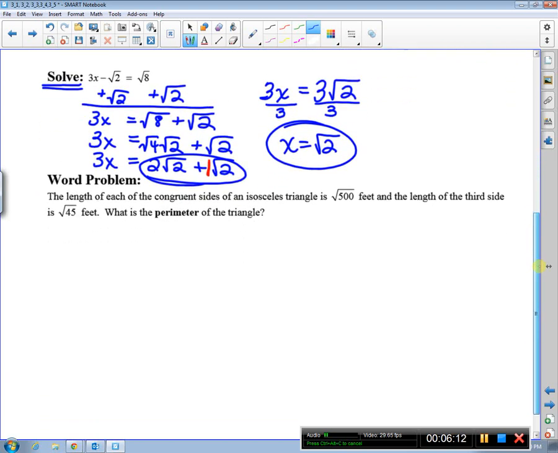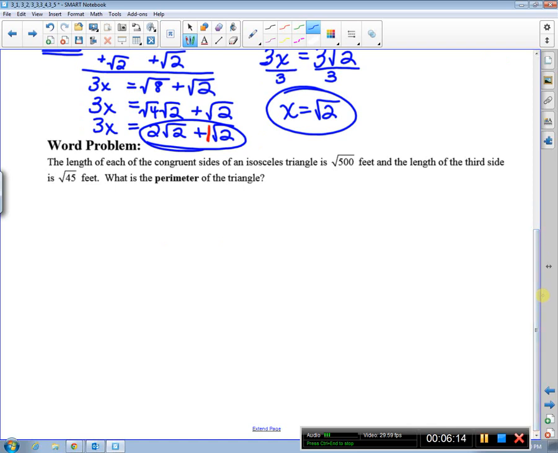All right. Take a look at this word problem. The length of each of the congruent sides of an isosceles triangle. Let's draw an isosceles triangle. The length of each of those congruent sides is the square root of 500 feet.